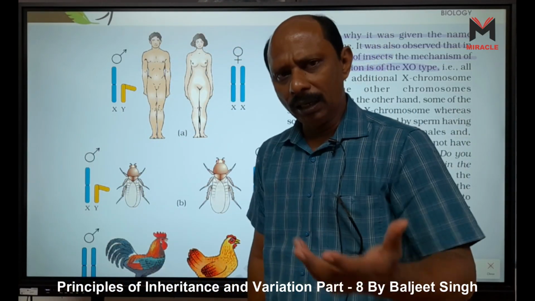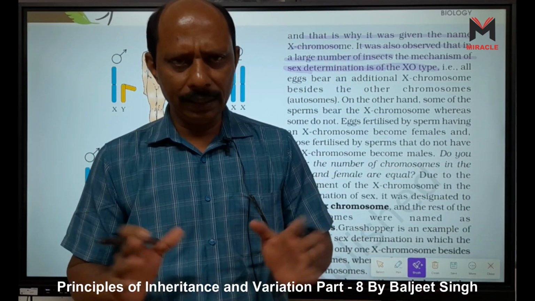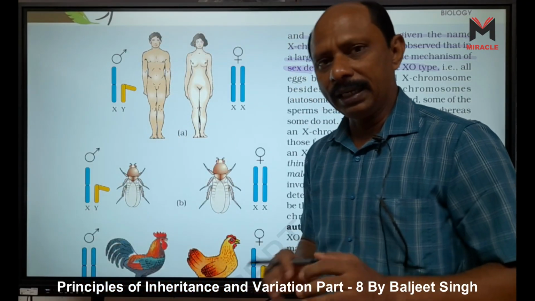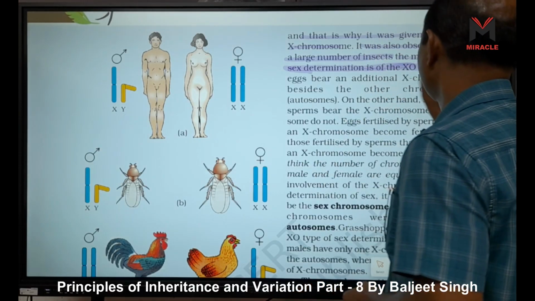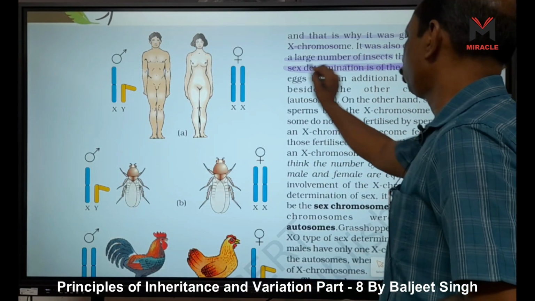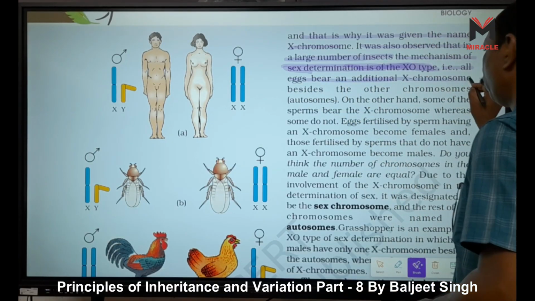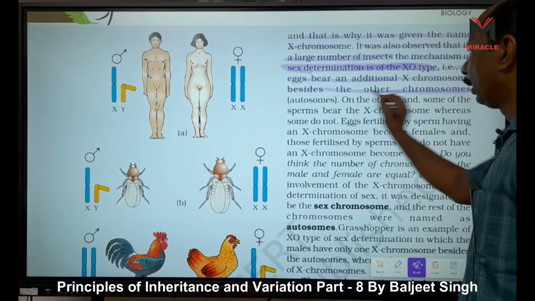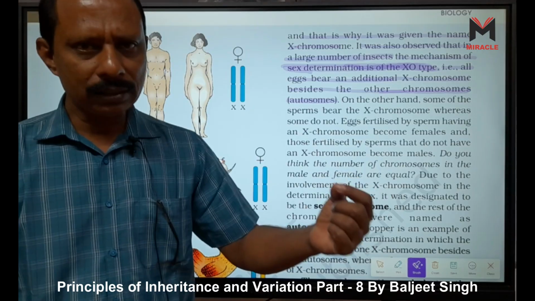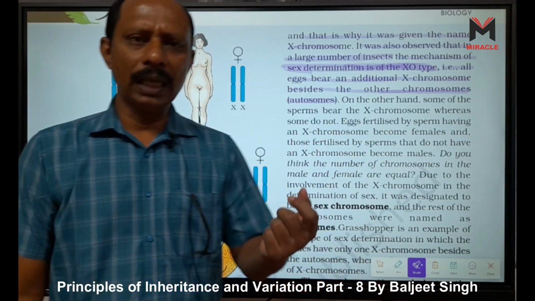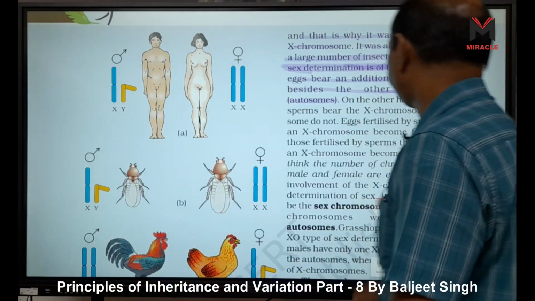Suppose the male has 17 chromosomes, then the female contains 18 chromosomes, one more, because in the male the sex chromosome is absent. That means females bear an additional X chromosome beside the autosomes: autosome plus XX is female, and autosome plus XO, where O means 0, is male.